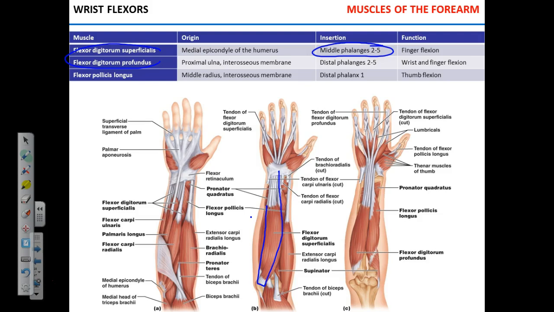So you have flexor digitorum superficialis and flexor digitorum profundus. Superficialis means superficial. Profundus means deep. So flexor digitorum superficialis is superficial to flexor digitorum profundus.